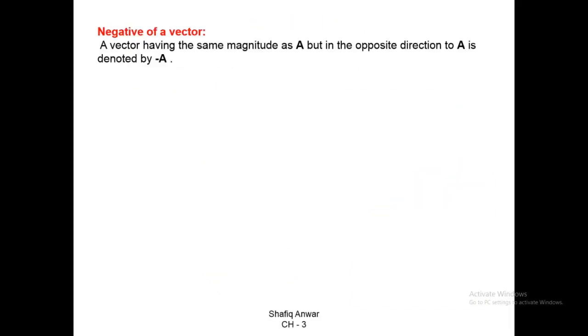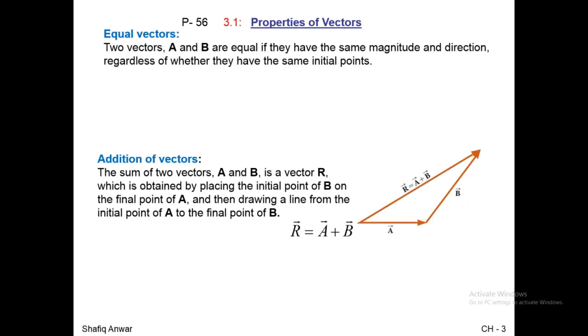Now, if you have any two vectors, A and B, they are called equal when they have the same magnitude and the same direction.